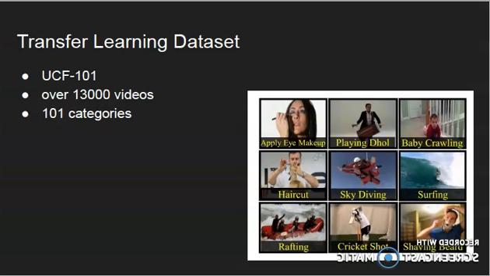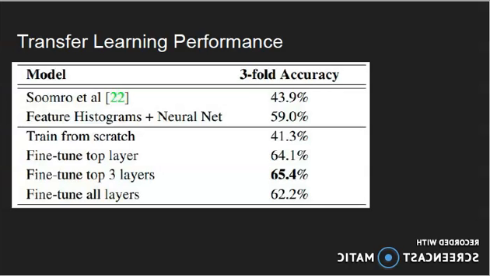The model was also trained on a transfer learning dataset called UCF-101, and it contains over 13,000 videos and 101 categories. And it's not only sports, but all other different topics. The model was reused with the same parameters in the early layers, but retrained on top of the top 3 layers.